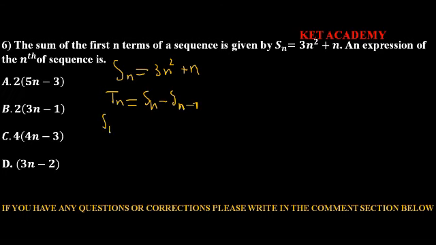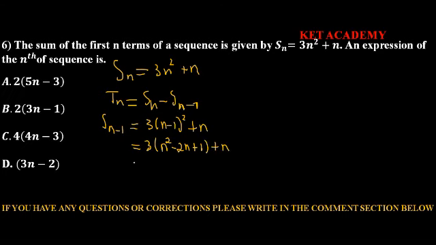Sn minus 1 simply means anywhere we see n in Sn, we replace it with n minus 1. So it will be 3 into n minus 1 all squared plus n minus 1. So if we simplify this, we are going to get 3 into n squared minus 2n plus 1, plus n minus 1.